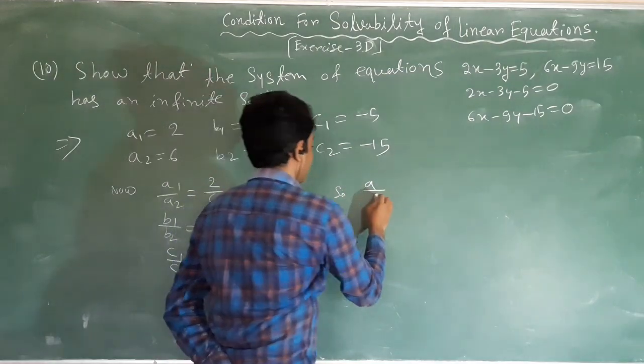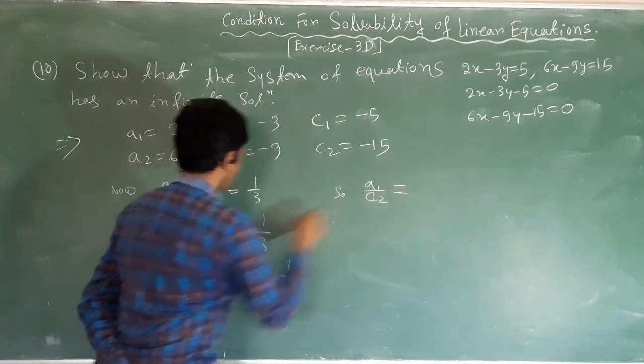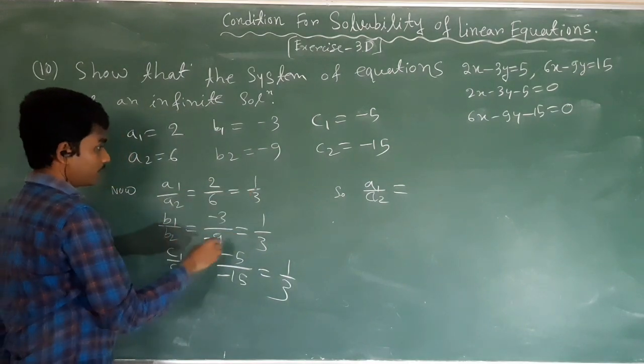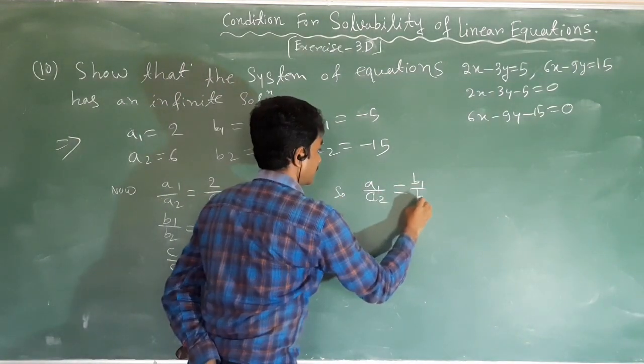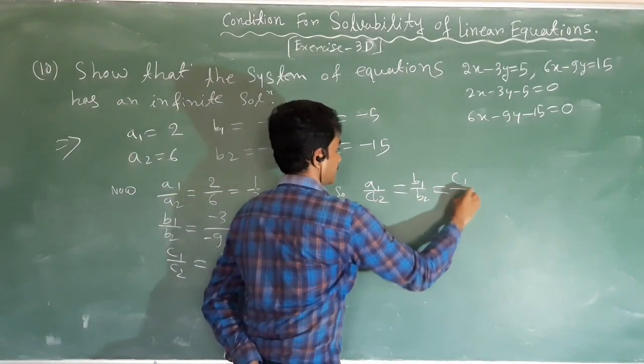So, A1 upon A2 is equal to B1 upon B2 is equal to C1 upon C2.